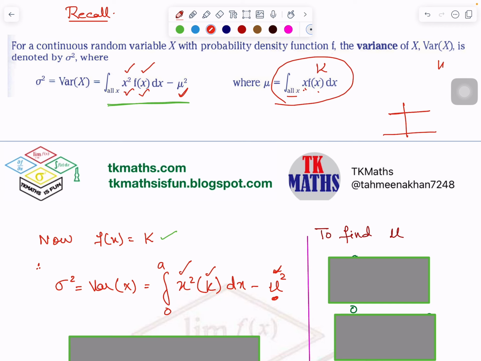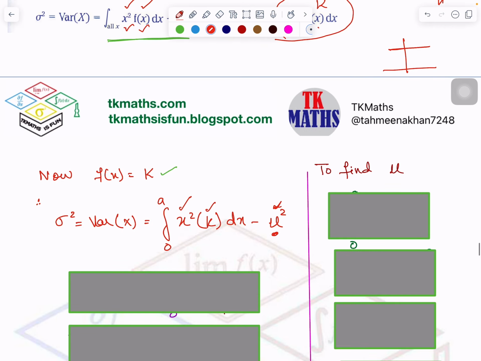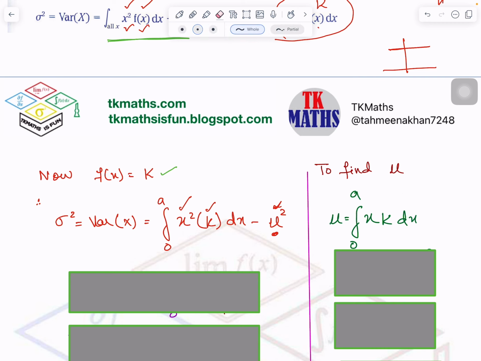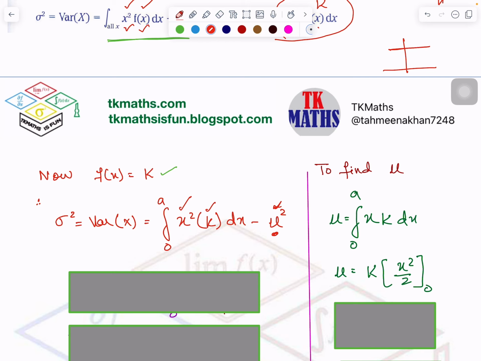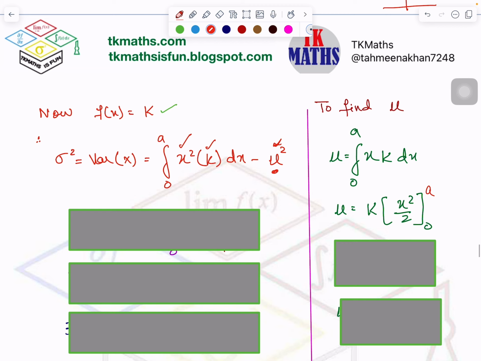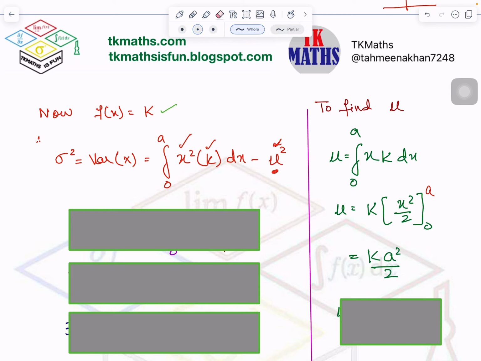Okay, function multiplied by x. So again, k is a constant, it will go out. And you know how to integrate x with respect to dx. So it will be x square upon 2 and limits are from 0 to a. Okay, so upper limit minus lower limit, you know that. It will be k a square upon 2.